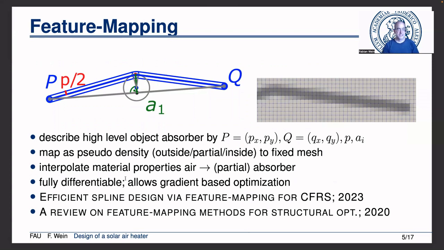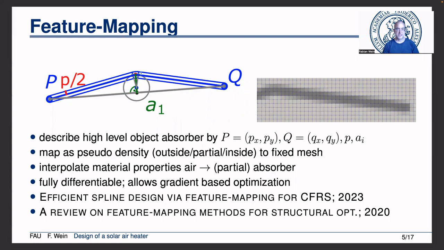is that I describe the absorber as a high-level geometric object. It consists of a start point with coordinates, an end point with coordinates, and the connecting line PQ allows us to define elevations by A, and with certain numbers of elevation, we can construct various kinds of absorber designs.